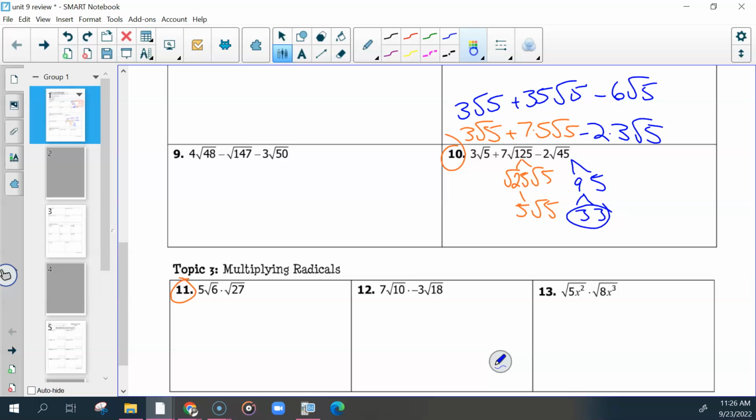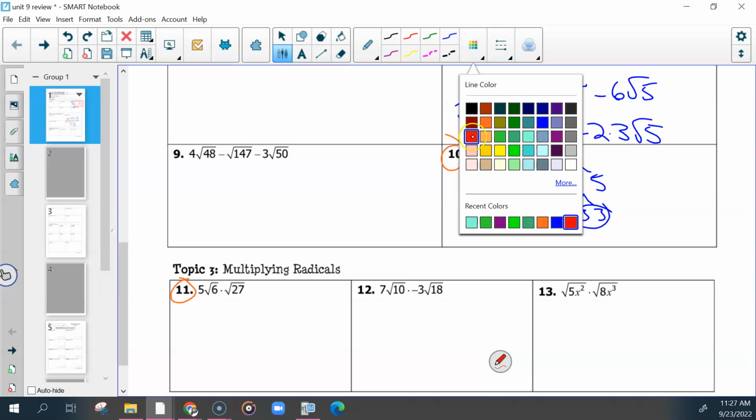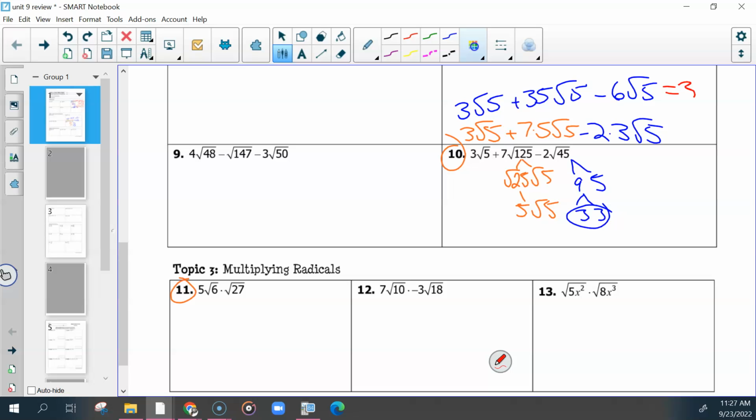Combine your like terms. What would you get? Do you have the answer? Go. 32 times the square root of 5 should be your final answer, because all of these are like terms.